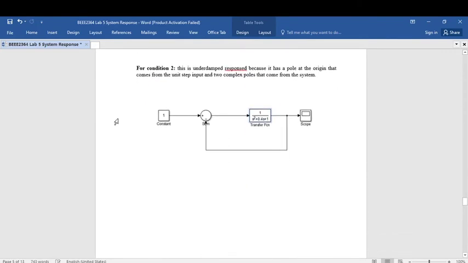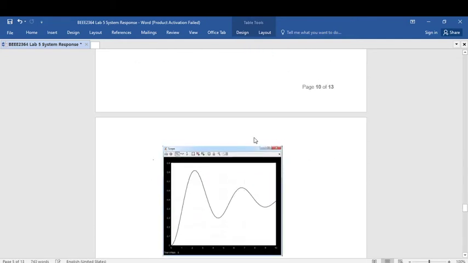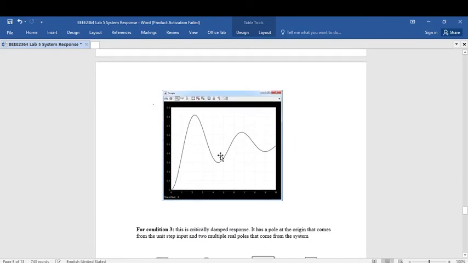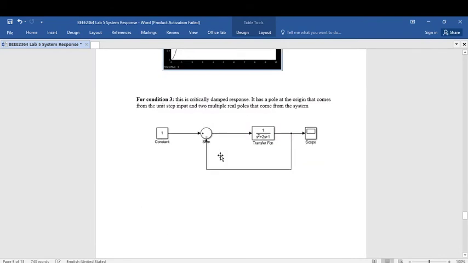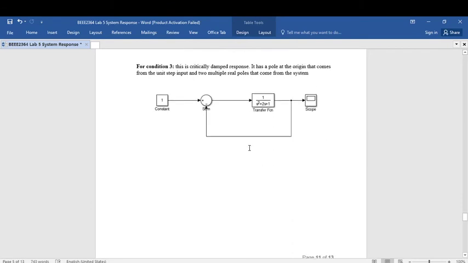For condition 2, we have 0.4 resistance, so the graph we get is the underdamped response. Condition 3 is 2 milliohm.